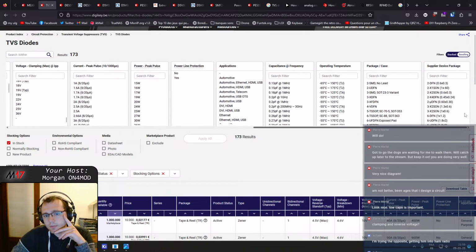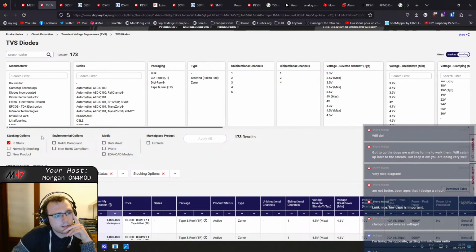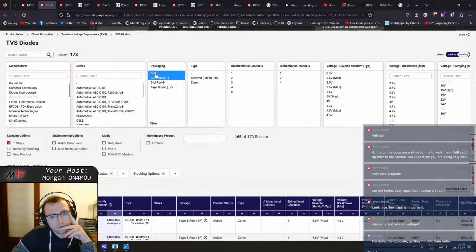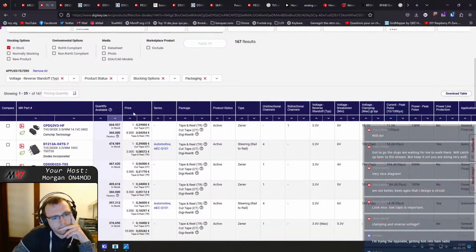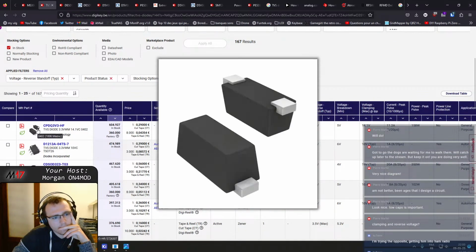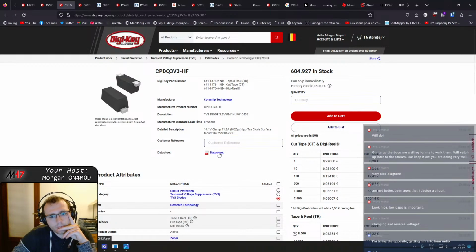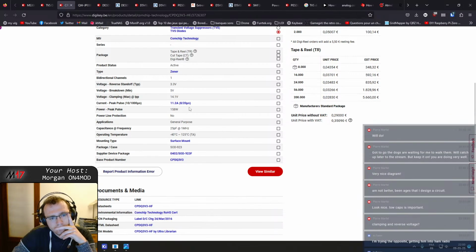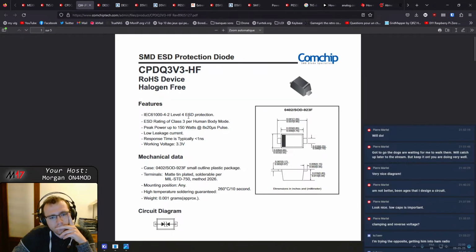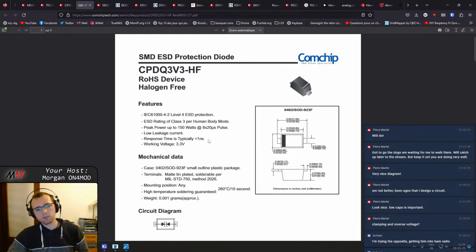Also, I don't want to have whole reels of them, so can I select cut tape or bulk, anything. So what would that be? Peak power of 150 watts.